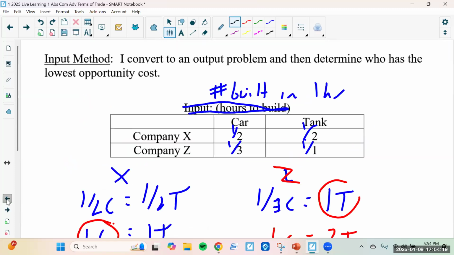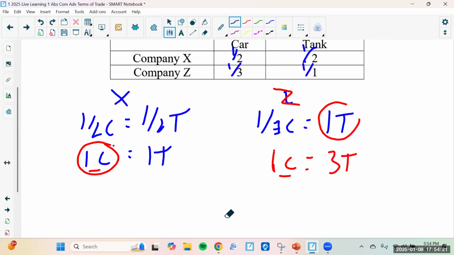If you go back to this, for one car, the terms of trade is going to be between one tank and three tanks. For one tank, it's going to be between a third of a car and one car.